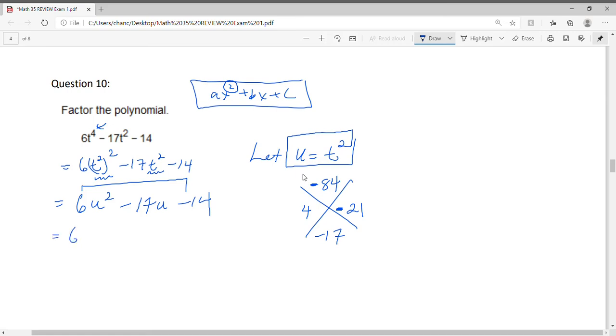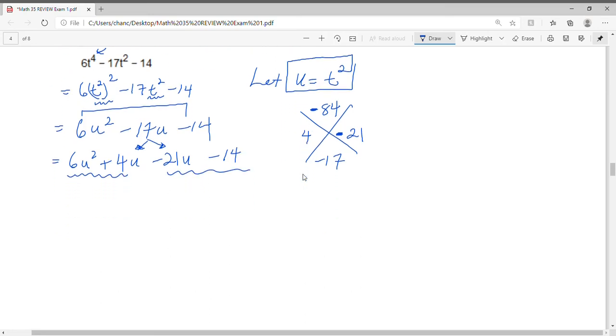So let's rewrite this as 6u squared plus 4u minus 21u minus 14. Again, we just split the middle. We're using the AC method here. And now we can do factor by grouping. The first pair has a 2u in common, so let's extract that to the front.